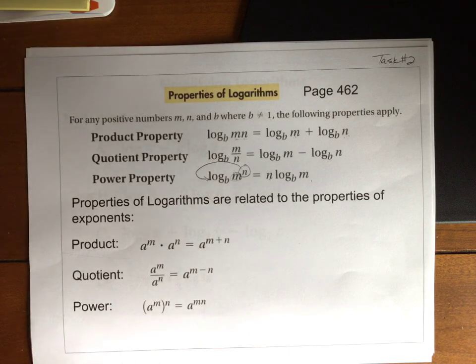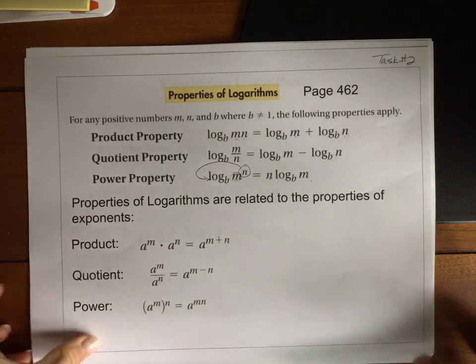And the reason why we have these properties of logs is we use them to solve logarithms, which will be the theme of the following week. So this week we're getting ready so that we can solve logs, and next week we will be solving logs.